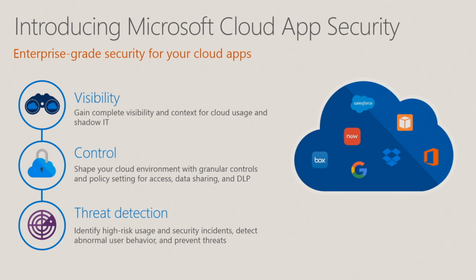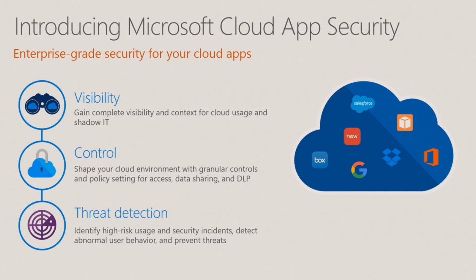This is why we have acquired Adallom, because we truly believe that you cannot have a mobility and security strategy without having a cloud access security broker in it. Microsoft Cloud App Security is a cloud-delivered service that protects your cloud applications, that provides you visibility in terms of what type of applications your employees are using. Visibility is great.